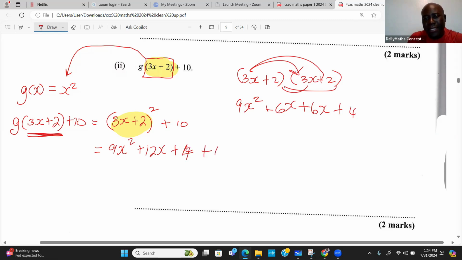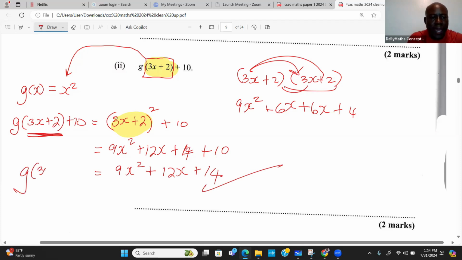And then there is a plus 10. So if we break this down finally, 9x squared plus 12x plus 14. And this would have been g of 3x plus 2 and then plus 10. That's what it is.